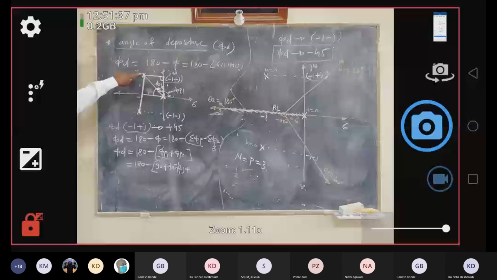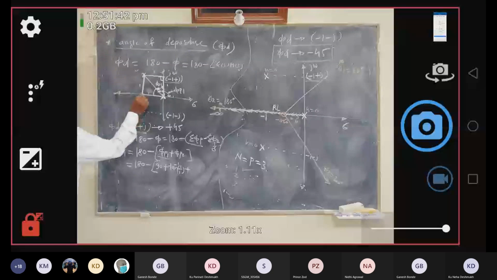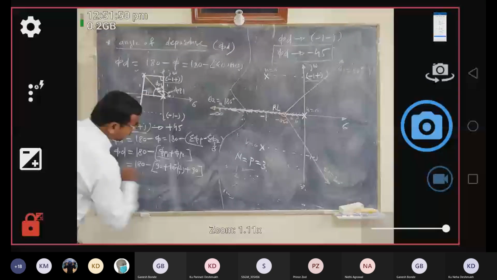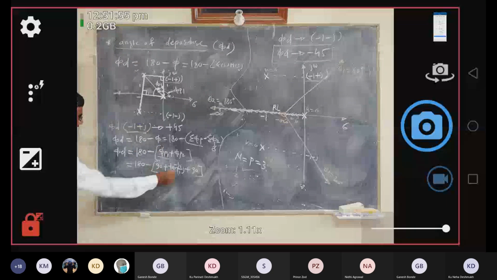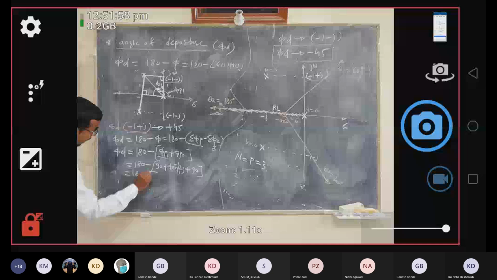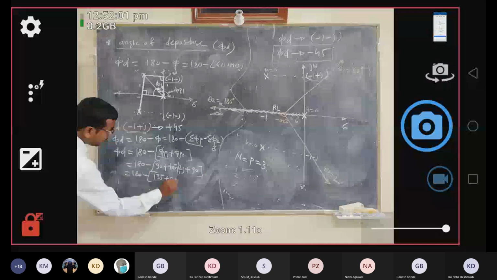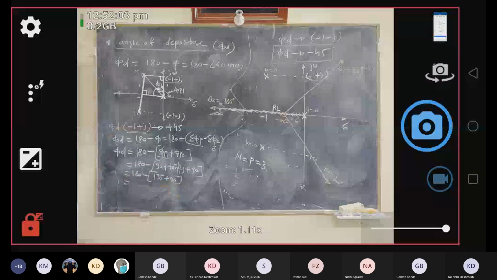So that is the first method. Therefore, what is the angle contributed with respect to this? This angle is 90 degree, so here it is again plus 90. So this is 90 plus tan inverse of 1 by 1, so it will be 180 minus 135 plus 90. Now you can recalculate it.